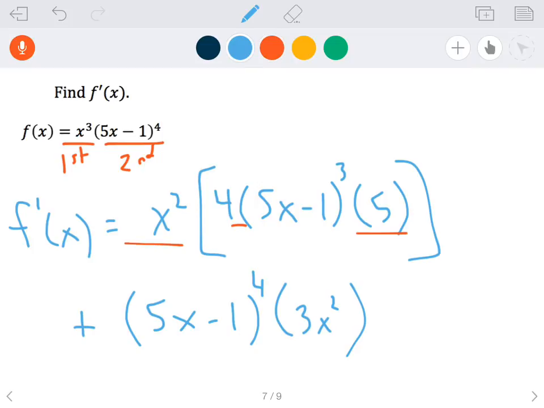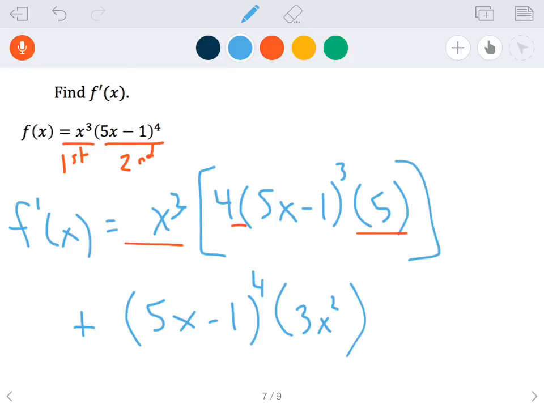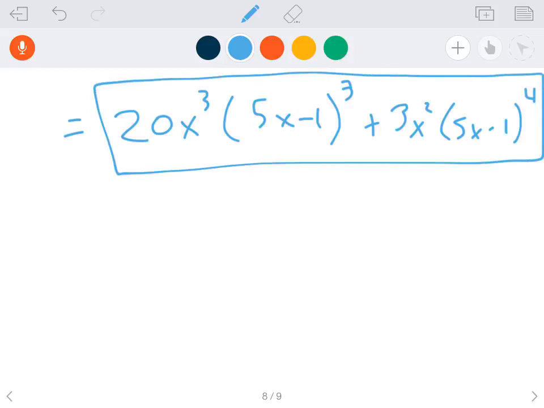Oh, that should have been cubed there. So there's my 20x cubed times 5x minus 1 cubed. And then for the second term, there's nothing I can really do to clean that up. I'll just write the 3x squared first. So plus 3x squared times 5x minus 1 to the fourth. And that's a good final answer right there.